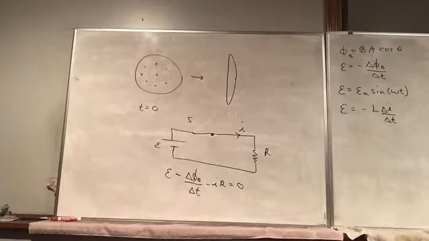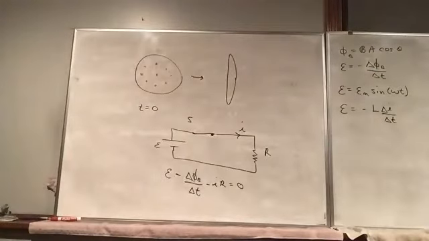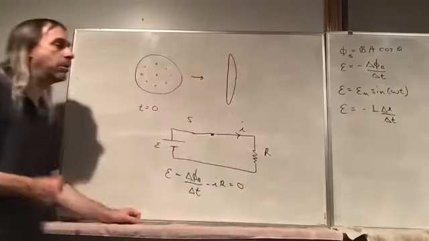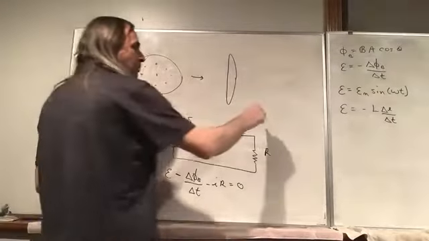Actually calculating L for this circuit would be a pretty difficult thing to do. We're obviously not going to do that, but it is there. It could be done, but we're not going to do it. All right, so that's called self-inductance. And now in a circuit like this, L would essentially be 0.